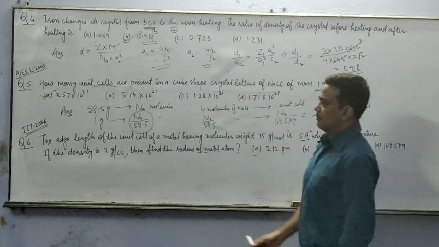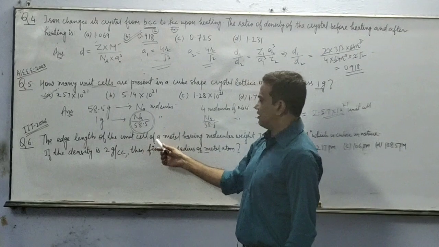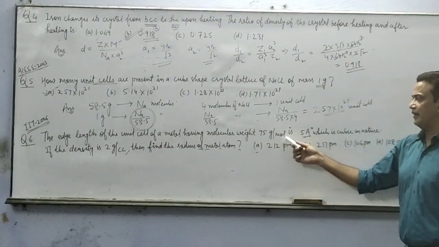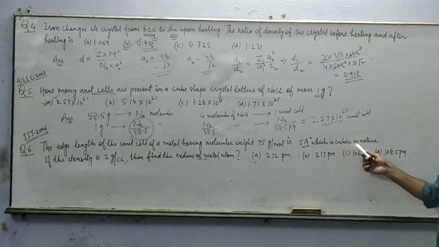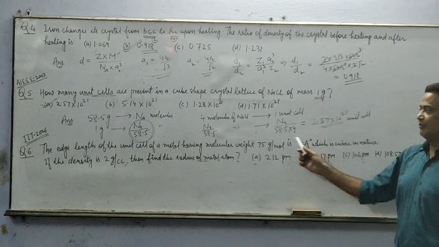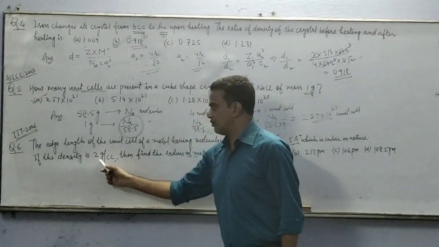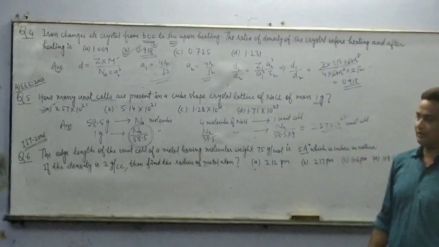The next question comes from IIT 2006. The edge length of the unit cell of a metal having molecular weight 75 gram per mole is 5 angstrom, which is cubic in nature, meaning the unit cell is of cubic nature. If the density is 2 gram per centimeter cube, then find the radius of the metal.